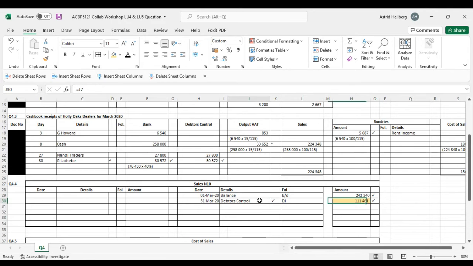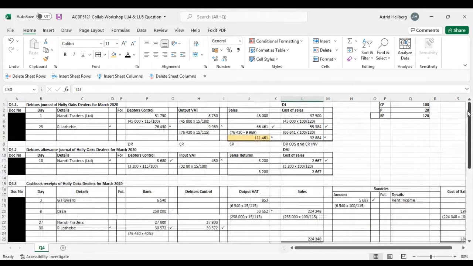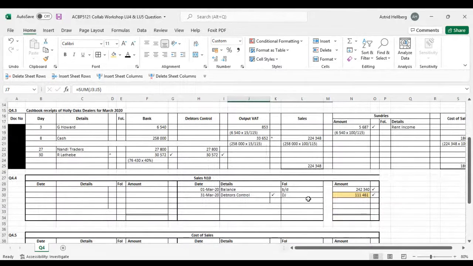What is very important to note is we've got debtors control, goes to our sales account. Your folio number is the DJ. Now in this case, because they didn't give us a number, it's just DJ. And then you take the amount. It's very important that you write the DJ in there because you sometimes get marks for this. So the mark is allocated for the debtors control as well as having the correct folio number.